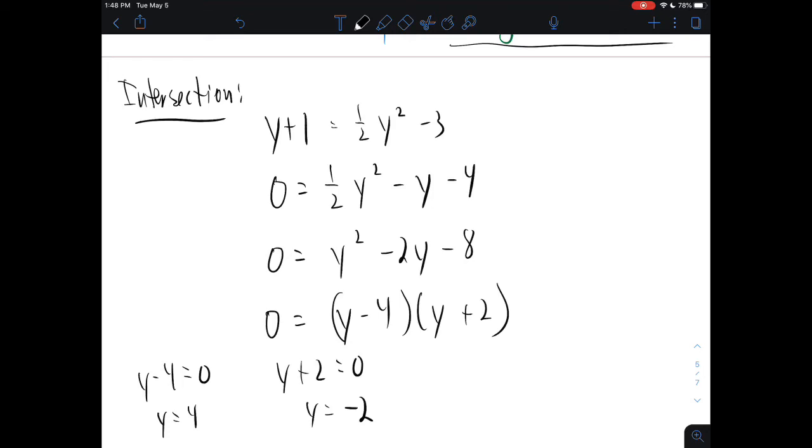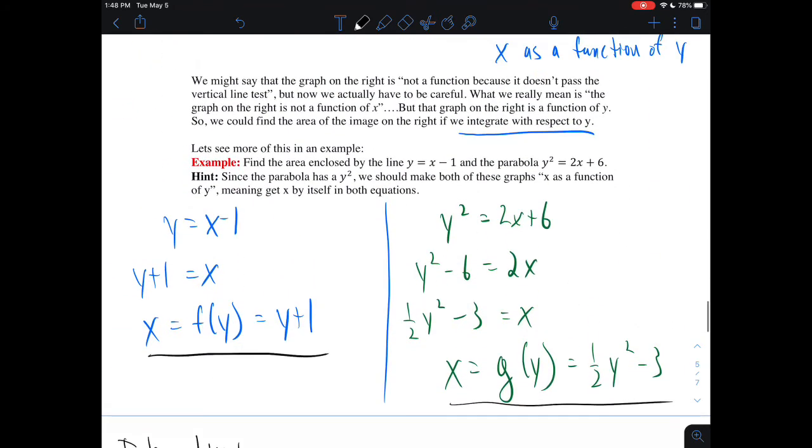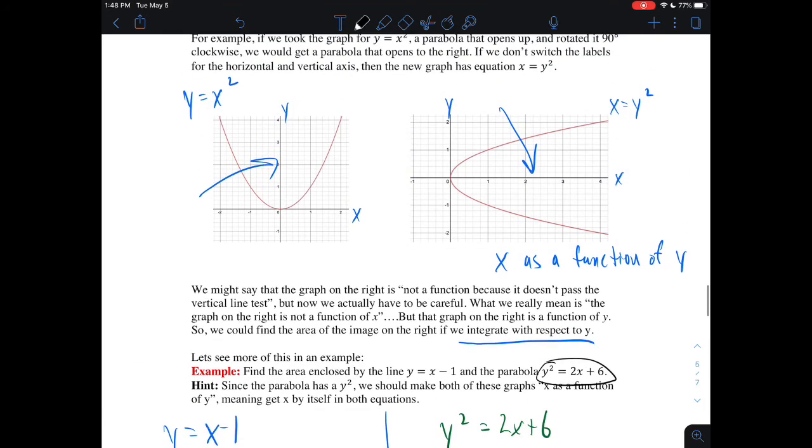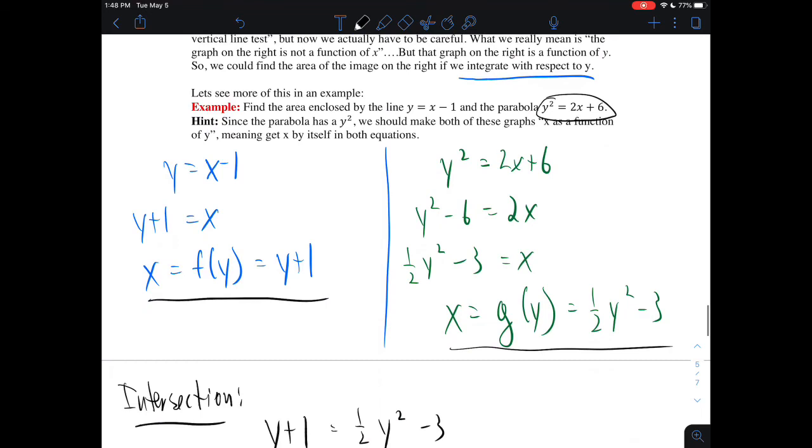So then I'm going to do some graphing. I'm going to have a line, and I'm going to have a parabola, and this parabola is similar to the one that I had before. It will open to the right. The way that you know it opens to the right is because the y is squared and it has a positive leading coefficient.